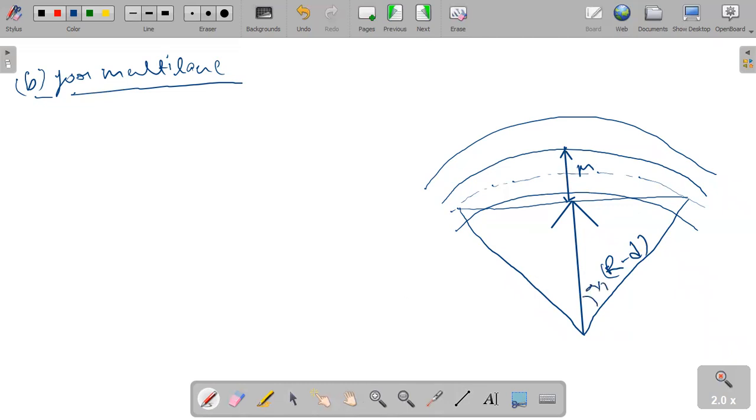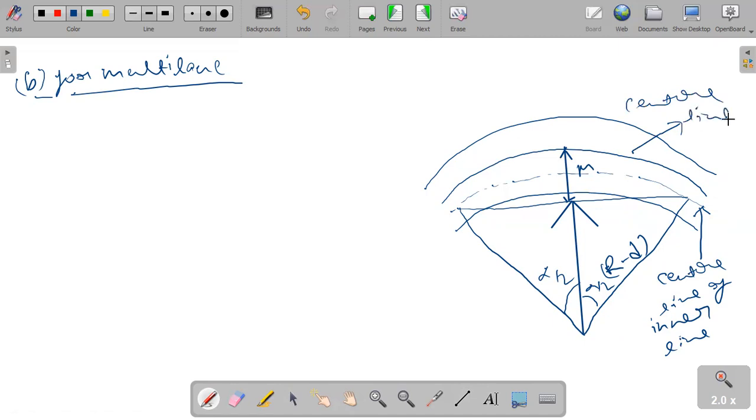This is alpha by 2. Here also it is alpha by 2. This is the center line of the inner lane, and this is the center line of the road.